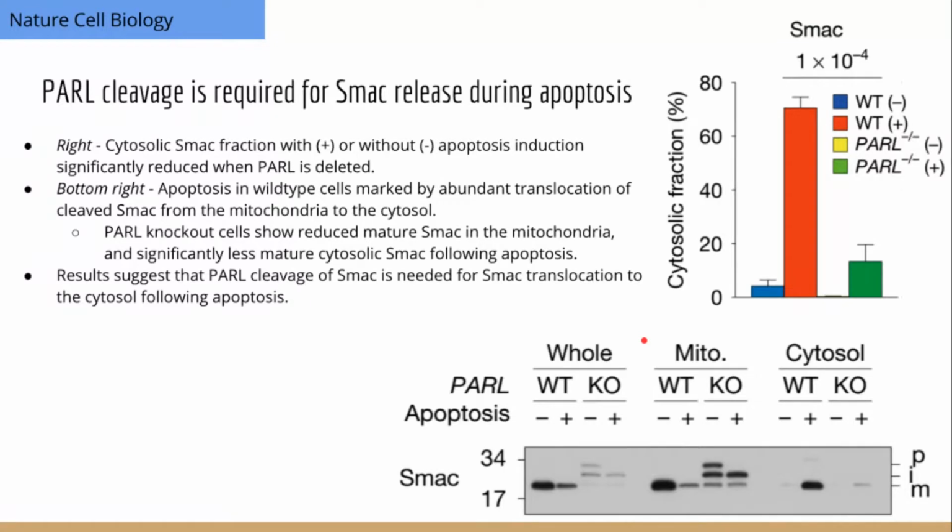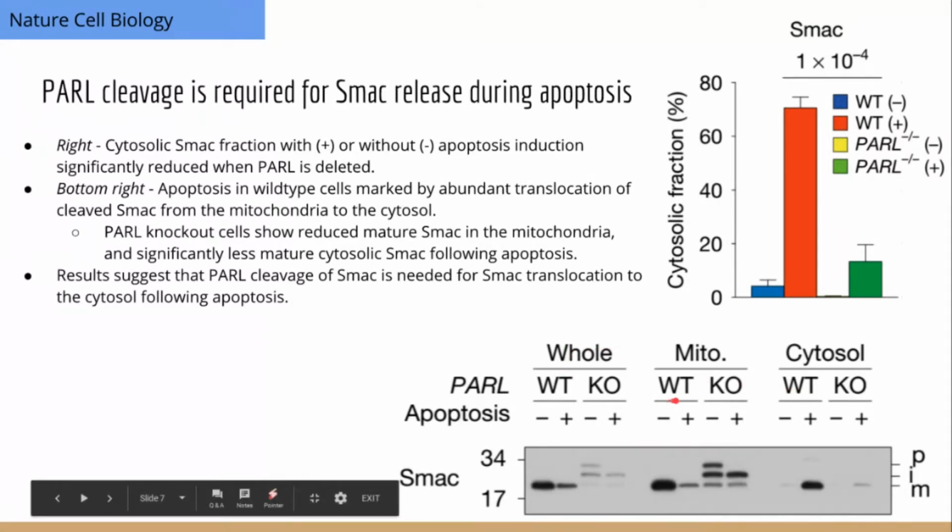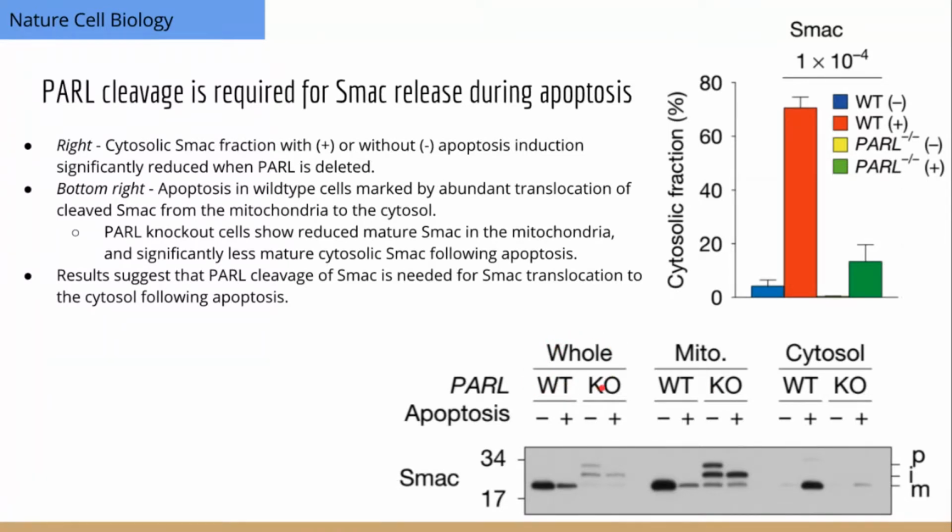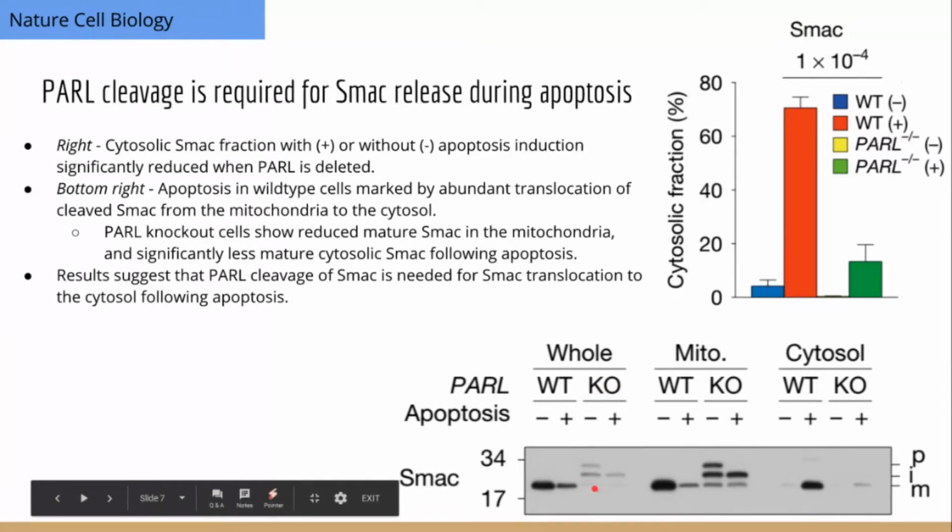In the bottom figure, we see essentially the same thing, but in a Western blot format. So let's start with the whole cell lysate, so whole right here. We see the amount of mature Smac is indicated by this incredibly faint band right here. You can't even hardly see it. This is the amount of mature Smac in PARL KOs, so knockouts.